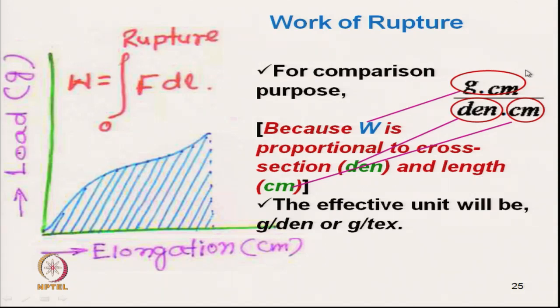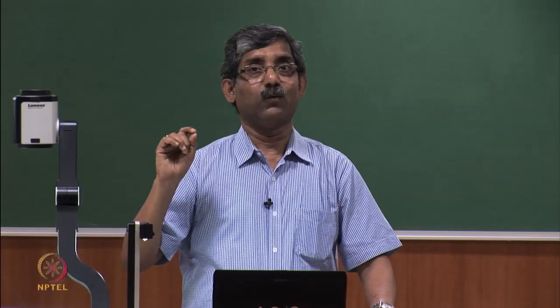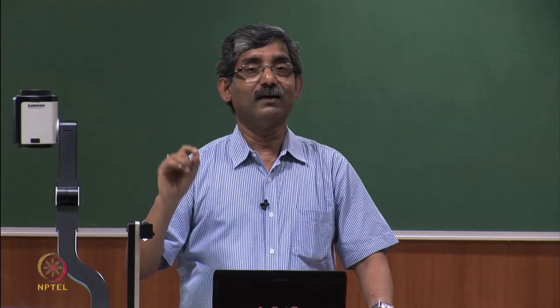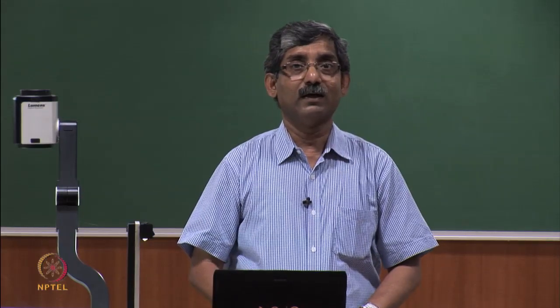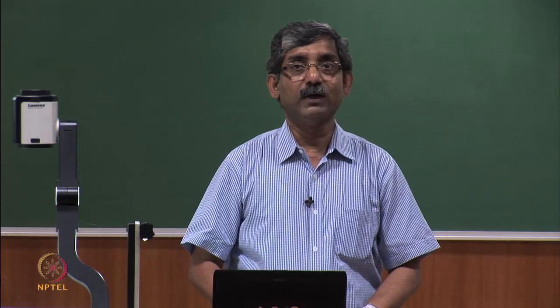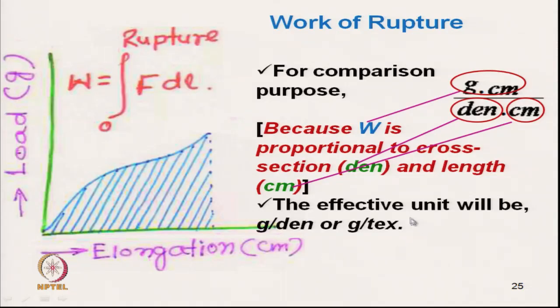If we rearrange this equation, the centimeter will be cancelled out, and ultimately what will remain is gram per denier or gram per tex. So, if someone asks what is the practical unit of work of rupture, it will be gram per denier. So, the effective unit will be gram per denier or gram per tex for comparison. Okay.